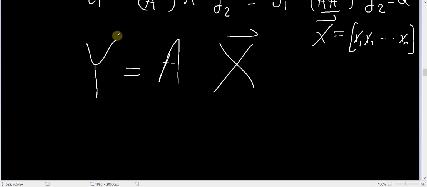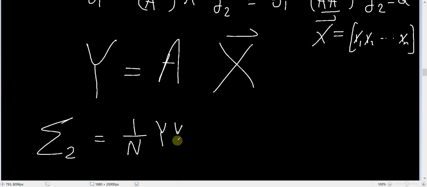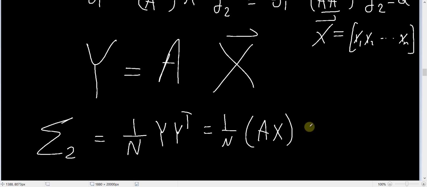Now I want the covariance matrix of the data after the transformation, and I am assuming that my data is already centered. So the covariance matrix after the transformation is equal to 1 over n multiplied by Y Y transposed, and this is equal to 1 over n AX multiplied by (AX) transposed.